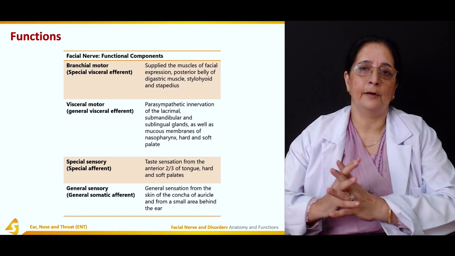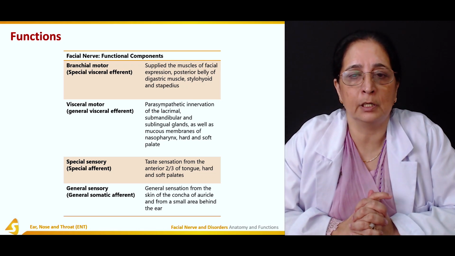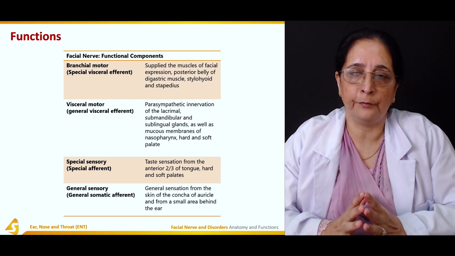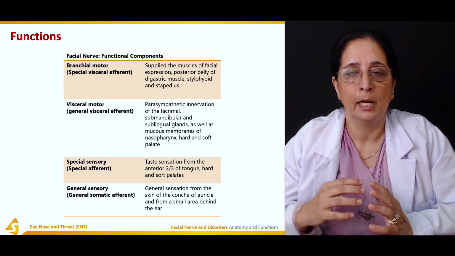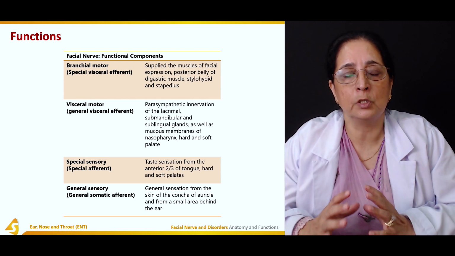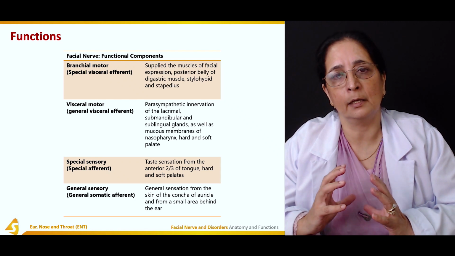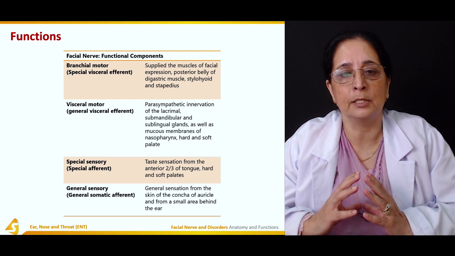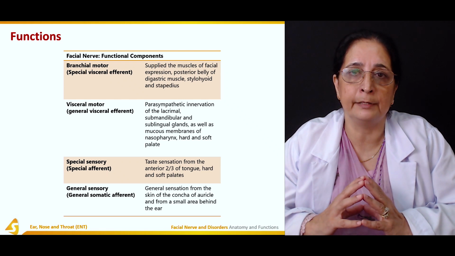Next, what are the functions of the facial nerve? The facial nerve performs a lot of functions, and as the name shows, mainly it supplies or affects the muscles of the face.